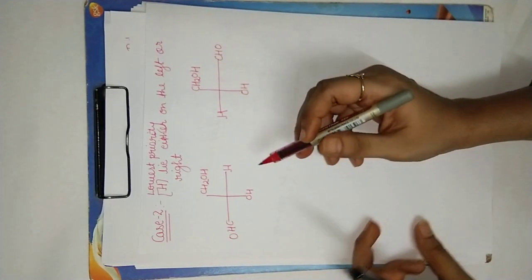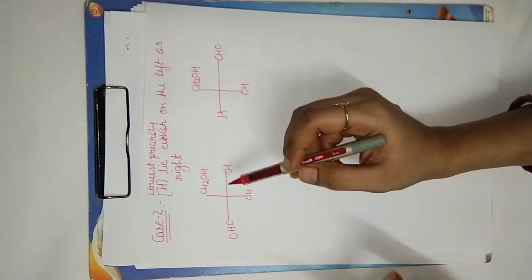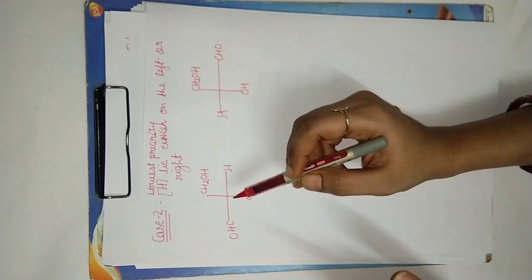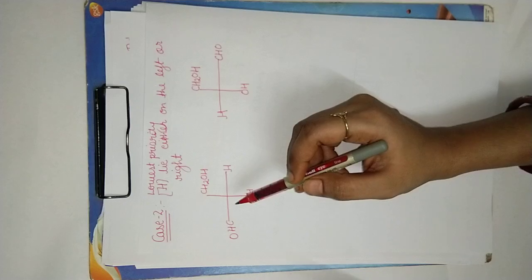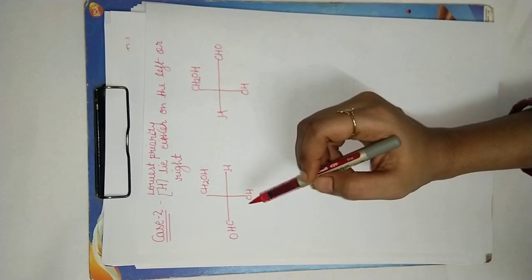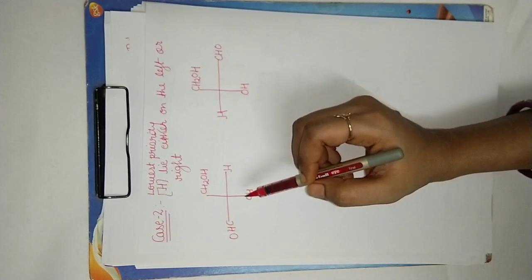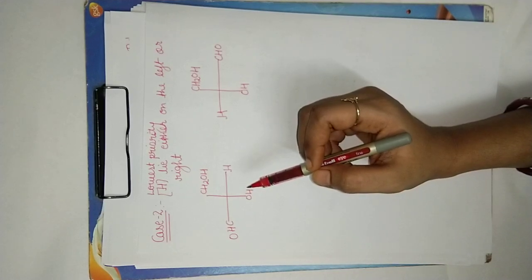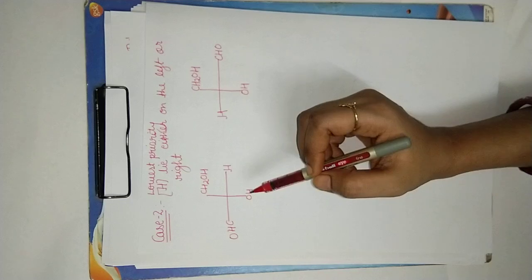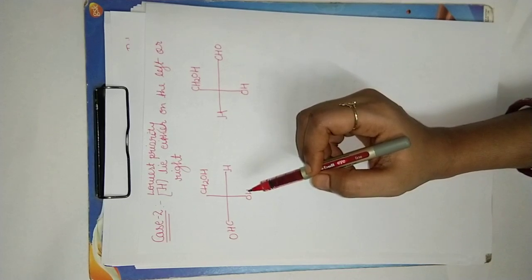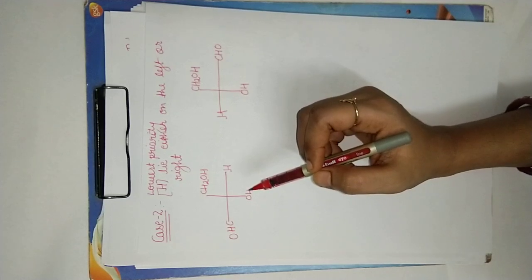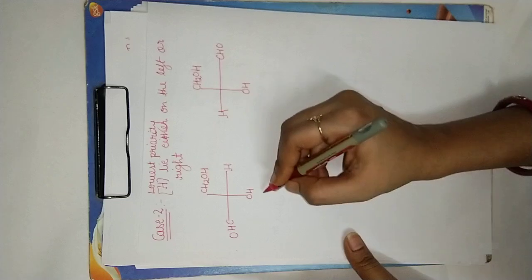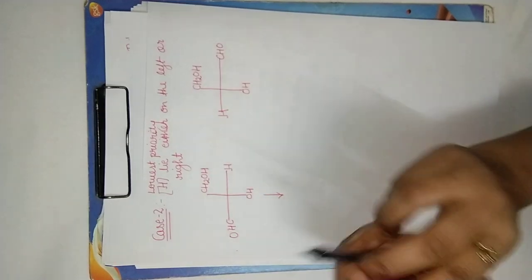What you have to do? You have to rotate the compound by 180 degrees. Okay, if the lowest priority is present on the left or right, then you have to rotate the compound at a 180 degree angle, or we can say that there are two interchanges of atoms or groups. Okay, then we are solving this.